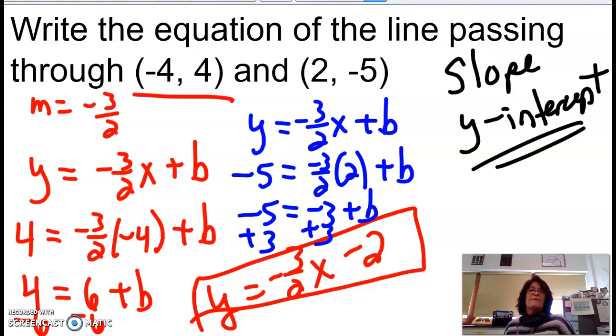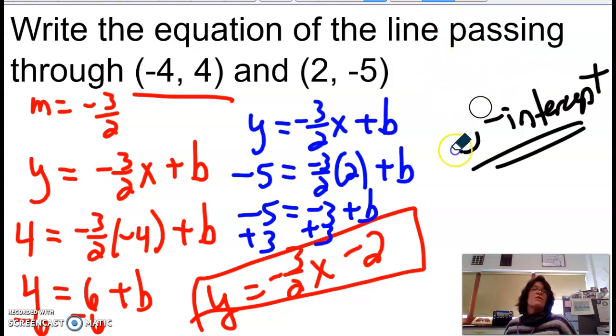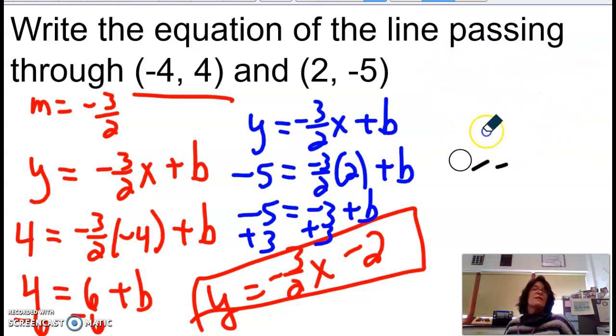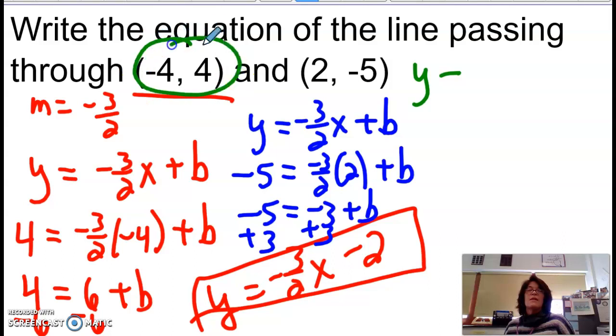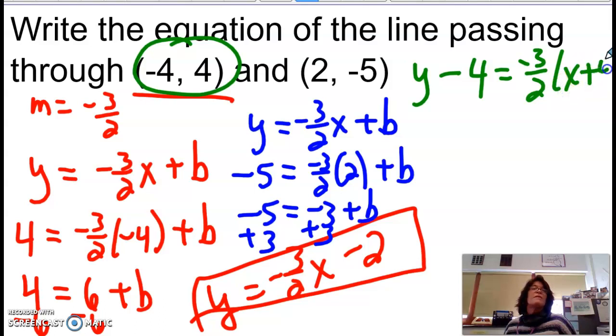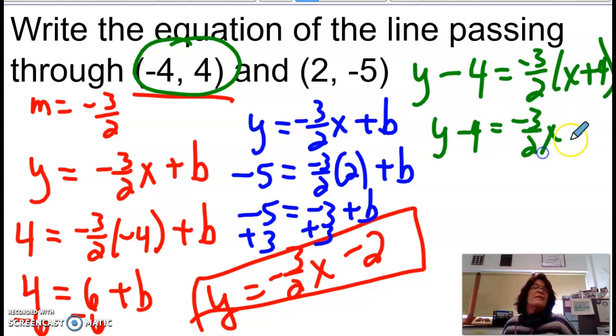You're fine. Somebody else is like, well, I wanted to do it that calculus way that she taught me because I'm going into calculus. Great. Then you did y minus, let's pick this one, y minus 4 equals slope times x minus negative 4. So you got y minus 4 equals negative 3/2 x.